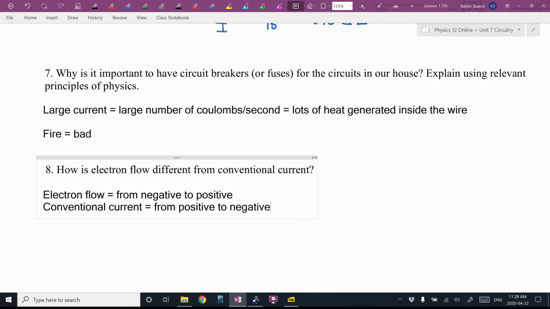In real life, charges don't flow from positive to negative, but mathematically, an electron moving one space to the right is the same as a proton moving one space to the left, because they both have the same magnitude of charge. You might recall from last unit, 1.6 times 10 to the negative 19 coulombs. We did look at that in that first lesson. So they both have the same charge.